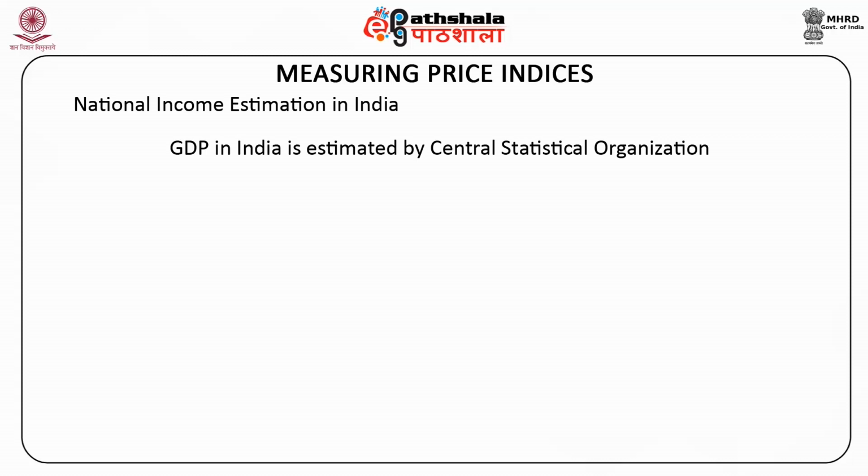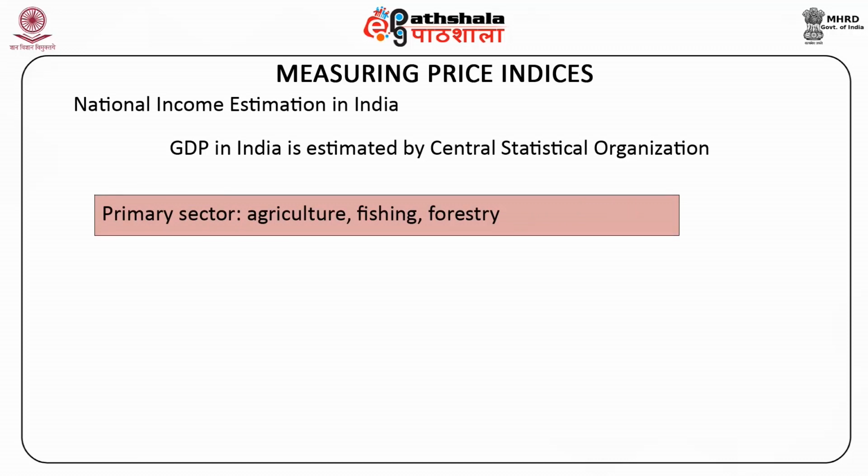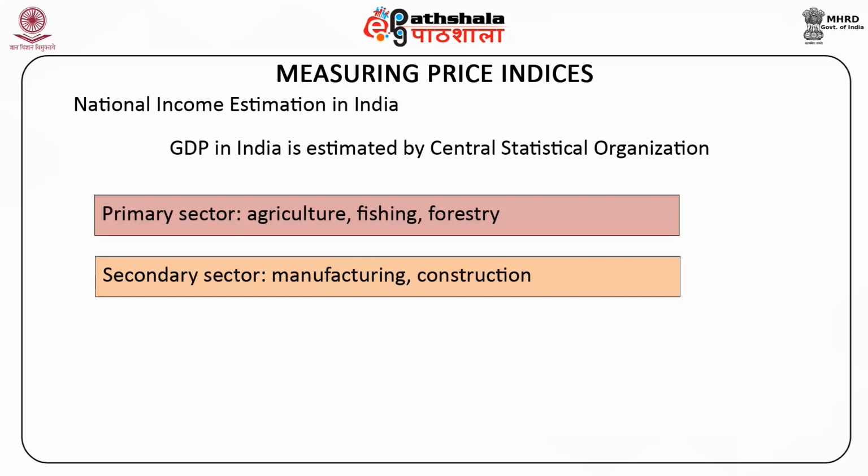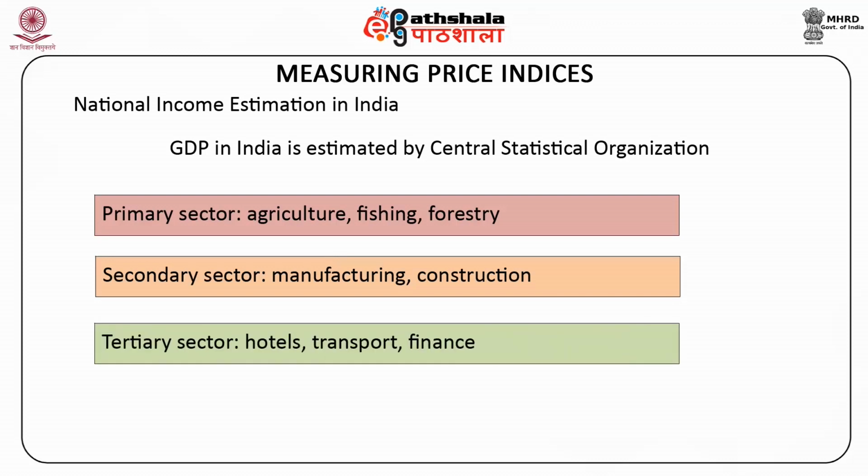It classifies economic activities into: first, primary sector consisting of agriculture, animal husbandry, forestry, fishing, mining, etc. Second, secondary sector consisting of manufacturing, electricity, gas and water supply, construction, etc. And tertiary sector consisting of trade, hotels, transport, communication, finance, personal services, etc. The CSO provides estimates of GDP quarterly at both current as well as constant prices.